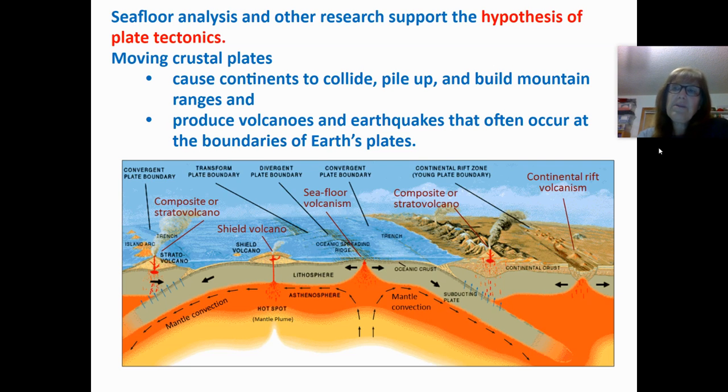Now, it's kind of interesting because I know when I went to school, we got little pictures and they had the continents all drawn on them, and we were supposed to put them together as a puzzle. And I remember it was really difficult and we were having trouble putting them together. And then I remember our teachers talking about how they had learned all this new information and that the continents don't really fit together.